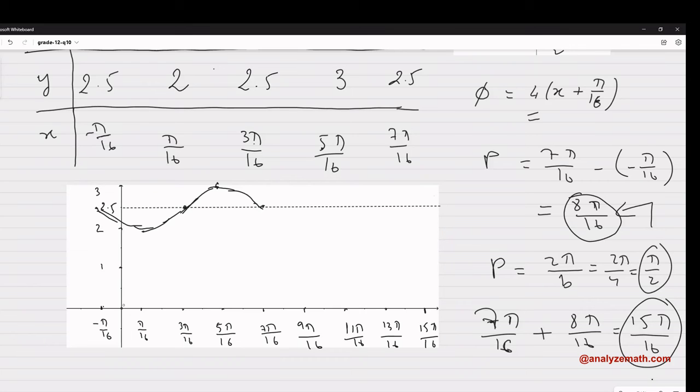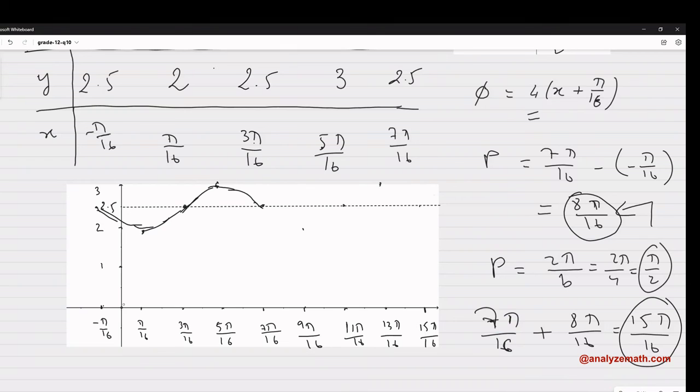And then we just reproduce the values, so this point is the same as this point, 13 pi will be here, and 15 pi will be here, and we join these points slowly. And here we have the second period.